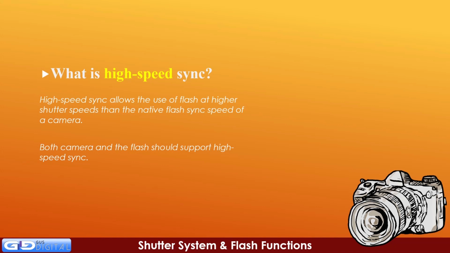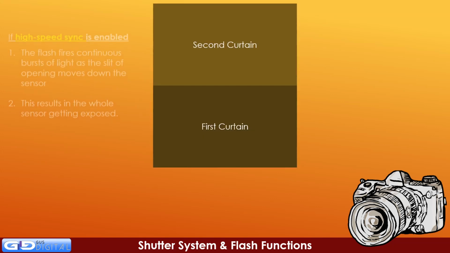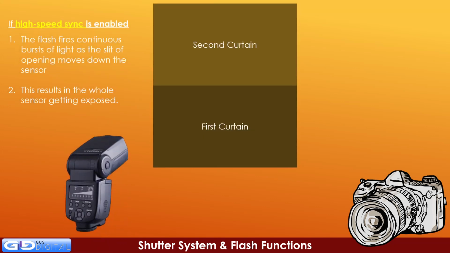One condition though, both the camera as well as the flash unit should support high-speed sync. When high-speed sync is enabled, the flash fires continuously as the two curtains move down the sensor. This way, the whole sensor gets exposed to the light from the flash. Take a look.